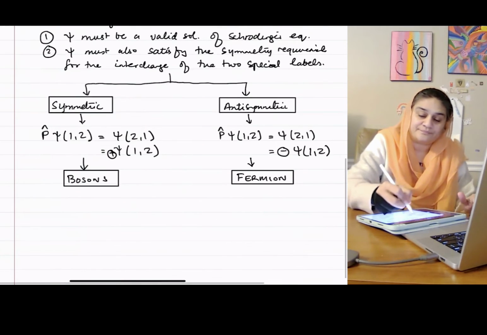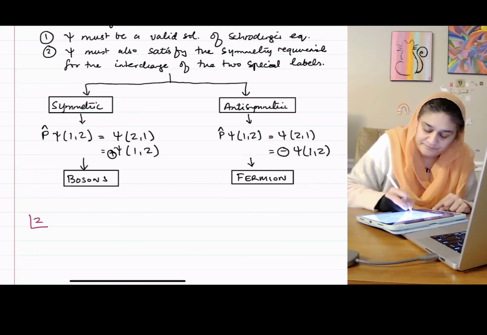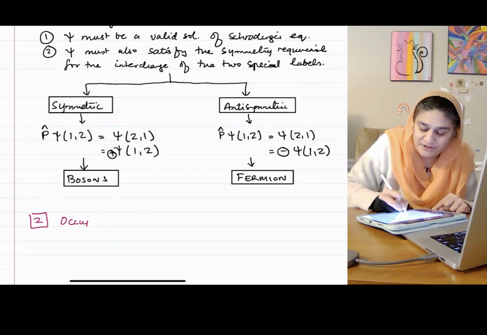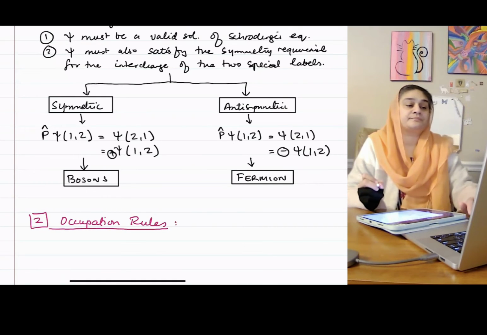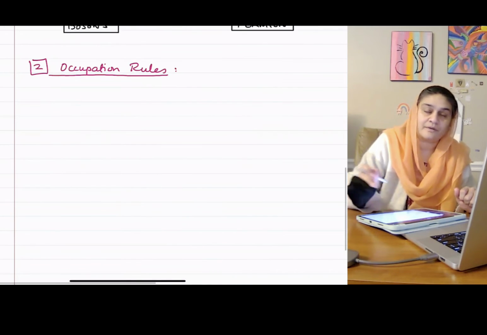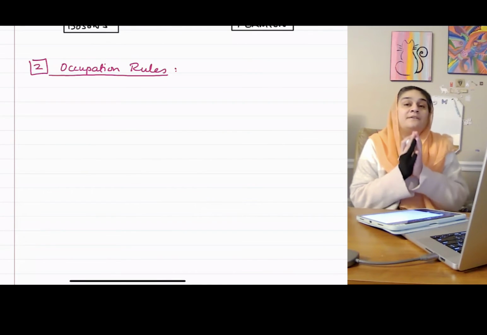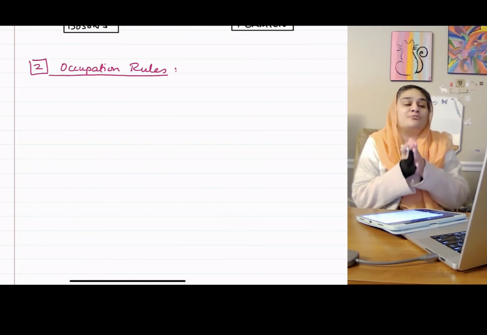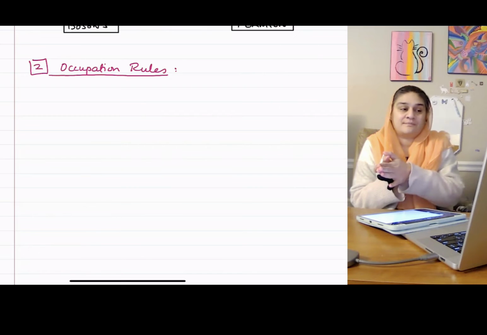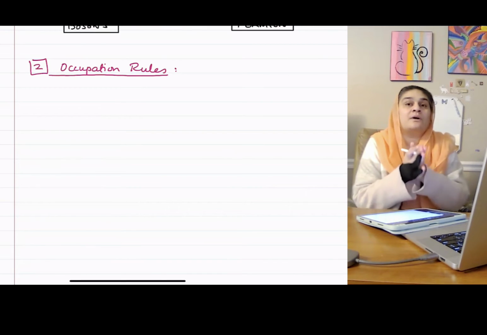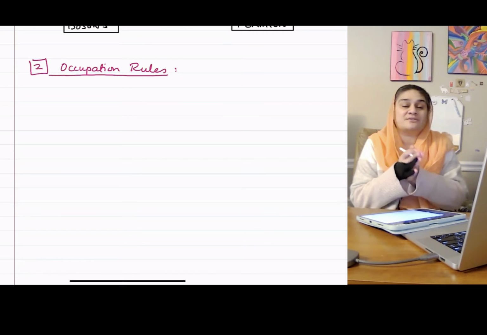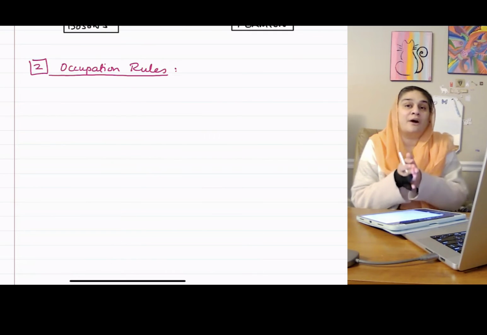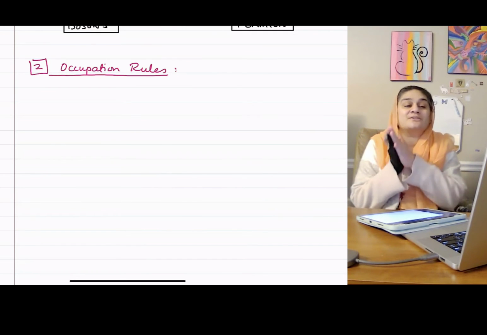Number 2, occupation rules. So another way to define fermions and bosons is to think about these particles in terms of the number of particles per quantum state. In other words, think of Pauli's exclusion principle: things that follow it and things that don't.